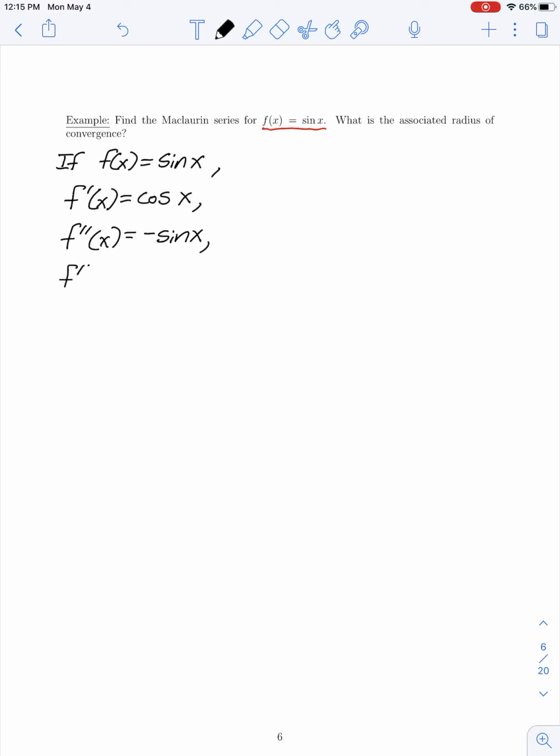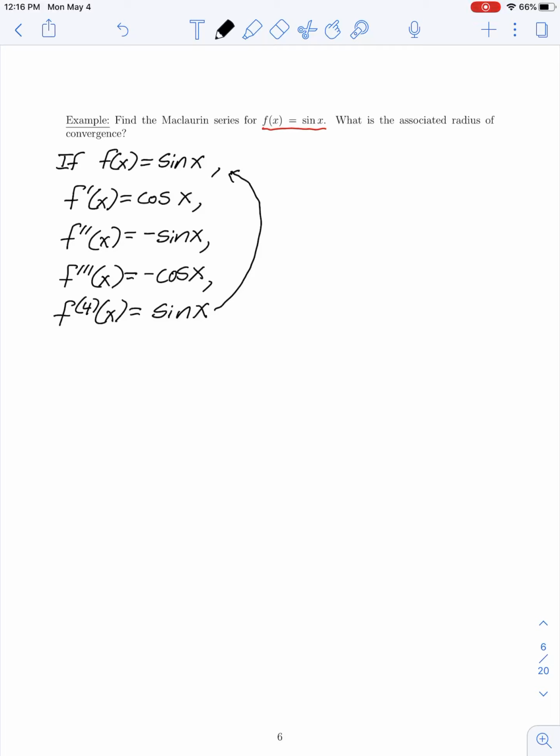Our third derivative, f triple prime, is negative cosine of x, and our fourth derivative would be given by positive sine of x. And then notice that this fourth derivative is the same as the original function. So our fifth derivative will also be cosine of x, the same as the first derivative. Our sixth derivative will be the same as the second derivative, negative sine of x, and so on. This pattern is going to keep repeating.